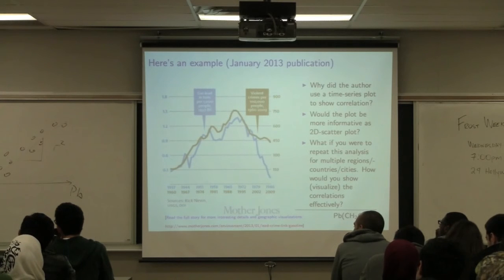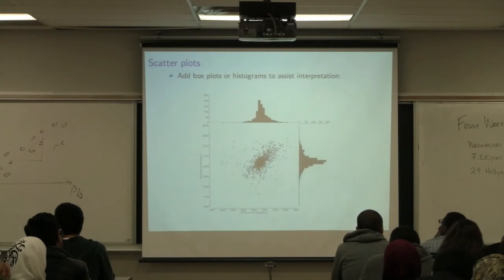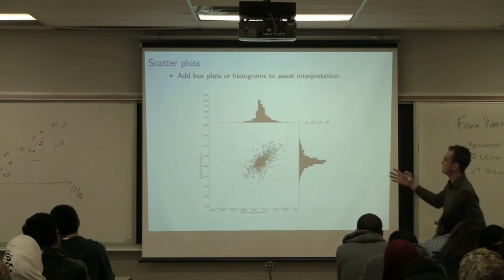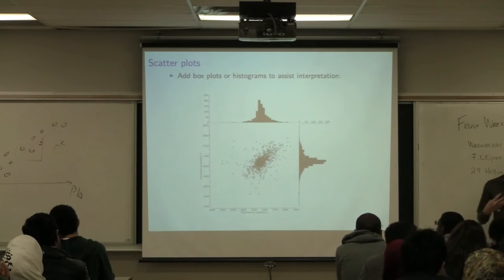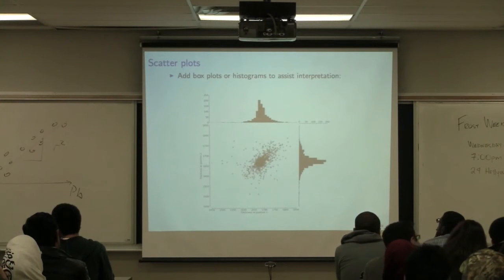Okay, so going from raw data to plot back to raw data is very common in statistical practice. Other embellishments you can add to get some sense of spread is to add histograms on the side. They may help in certain situations where you want to see that spread and the density for each axis.